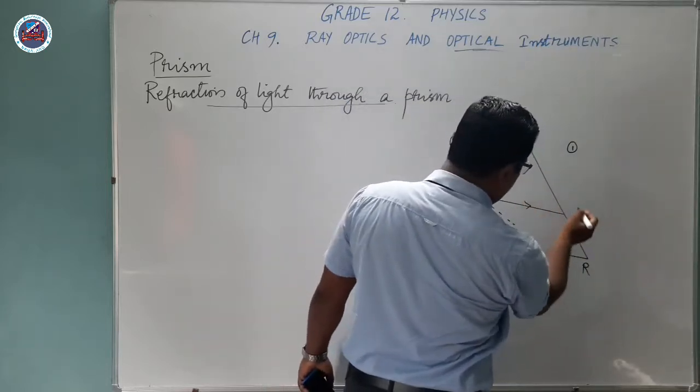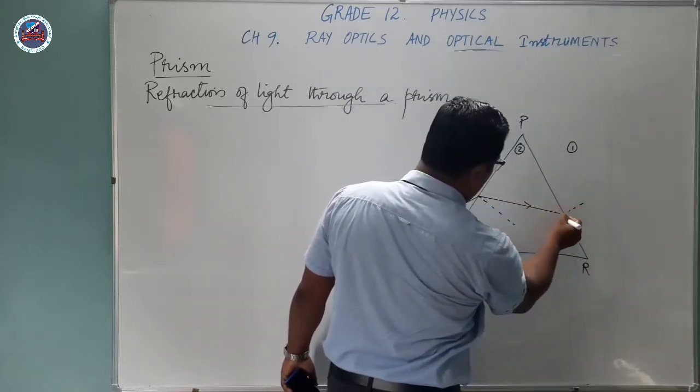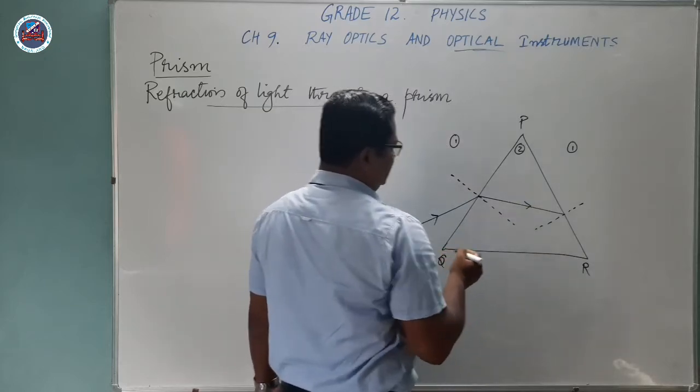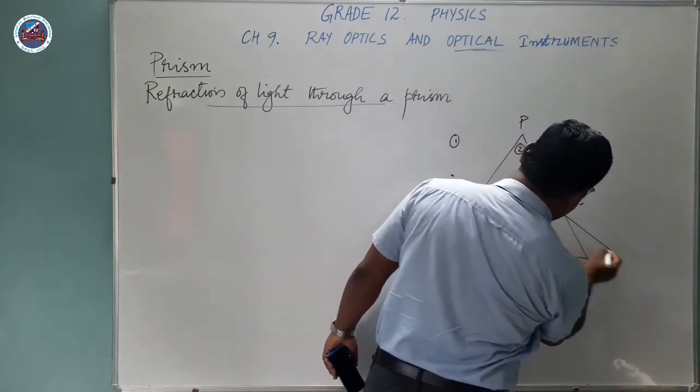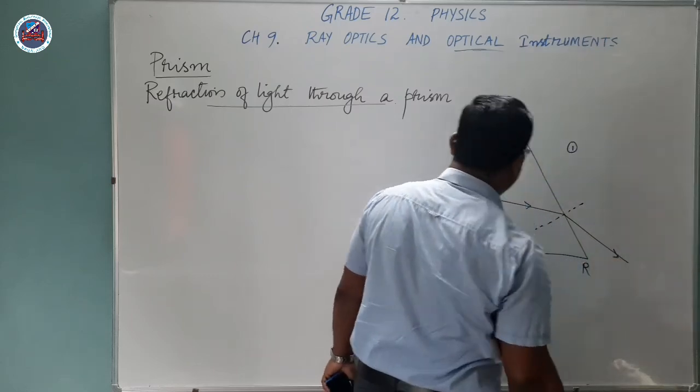At the surface PR also, if I draw one normal, you can see that it is now traveling from glass to air, so it will go away from the normal.